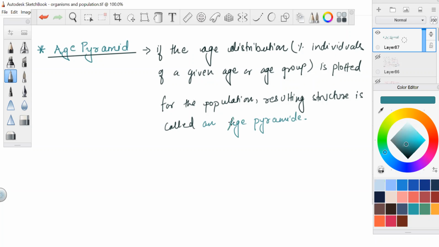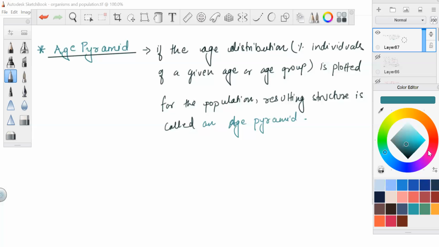Write capital A, Age pyramid. So if the age distribution is plotted for the population, the structure we get is called an age pyramid.